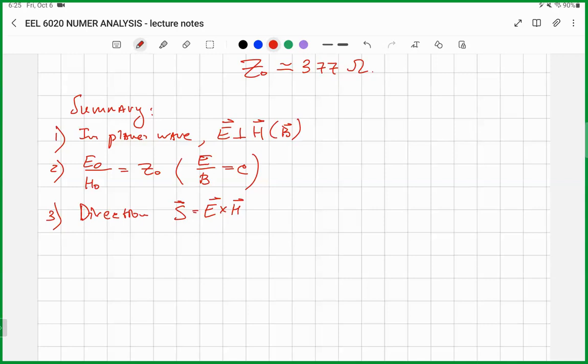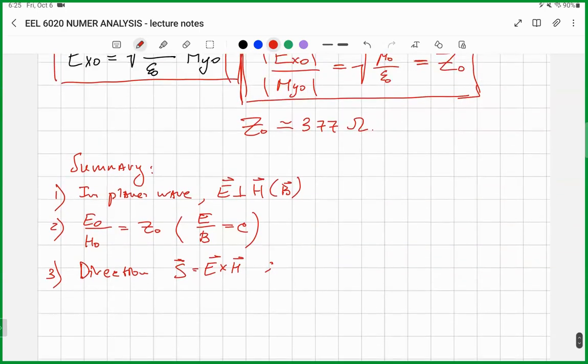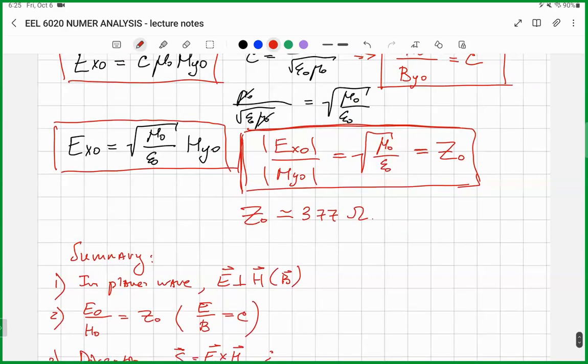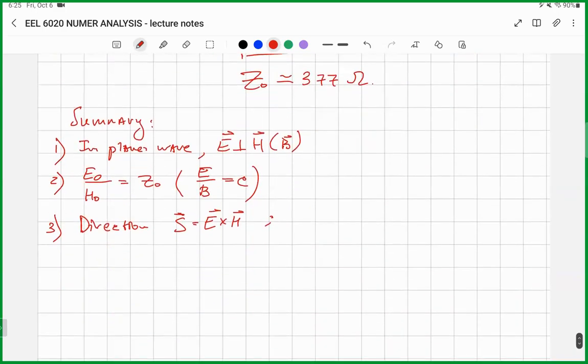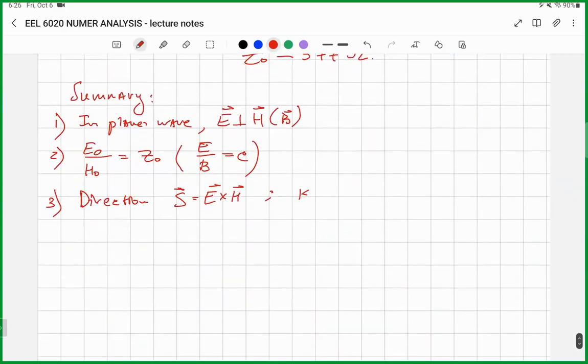Okay, and it's also instructive to define this wave propagation by promoting the wave number to the vector. So this wave number, which is omega over c, we can promote to the k vector, which is k, the amplitude, times the direction.